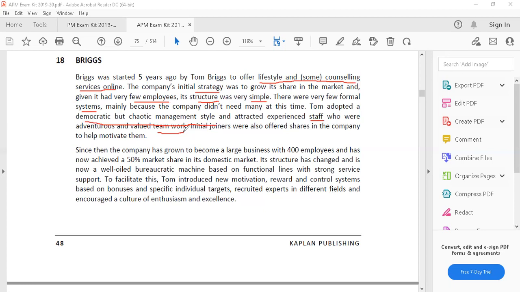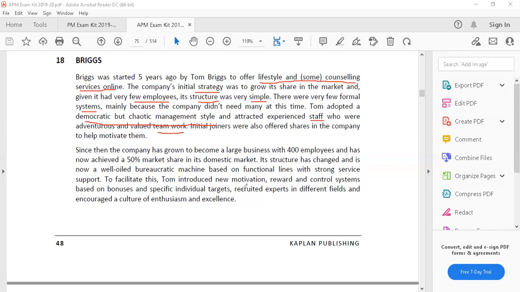To facilitate this, Tom introduced a new motivation, reward, and control systems based on bonuses and specific individual targets. He recruited experts in different fields and encouraged a culture of enthusiasm and excellence. Earlier, it was freestyle and democratic, though chaotic, and the staff were experienced staff who valued teamwork.